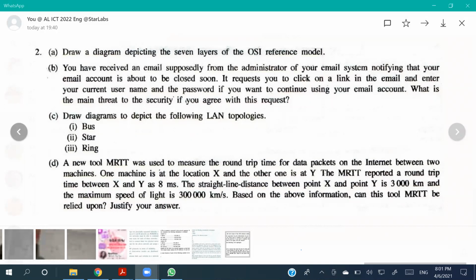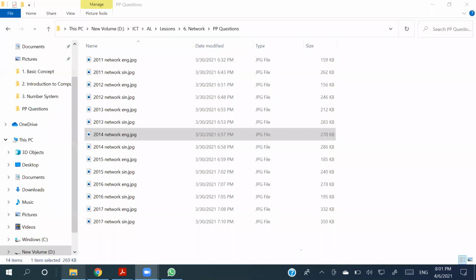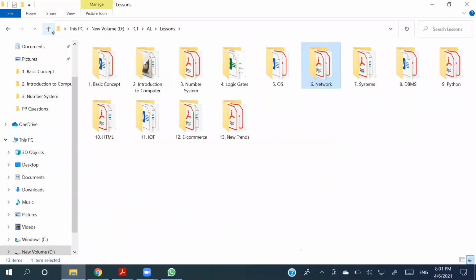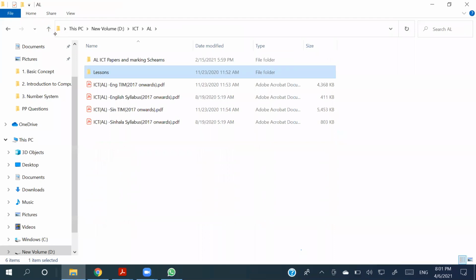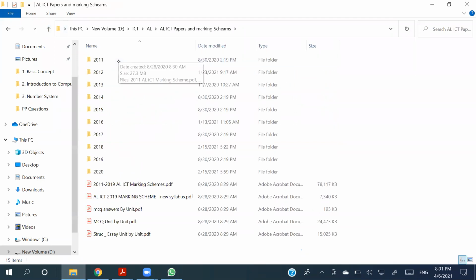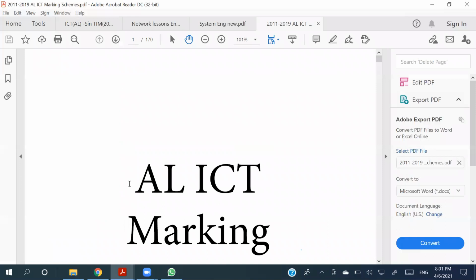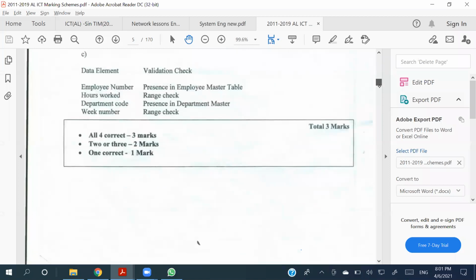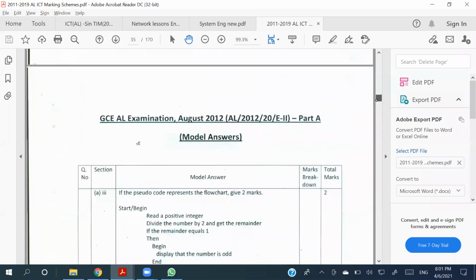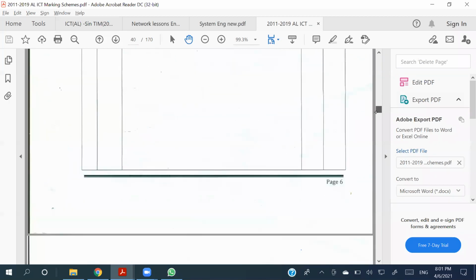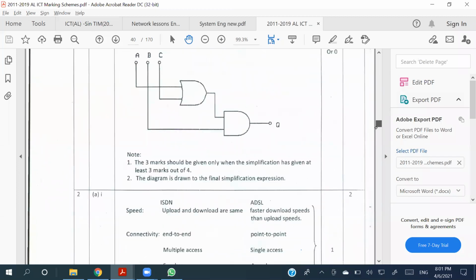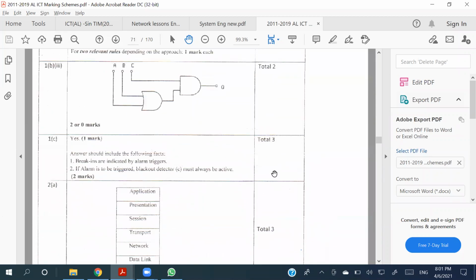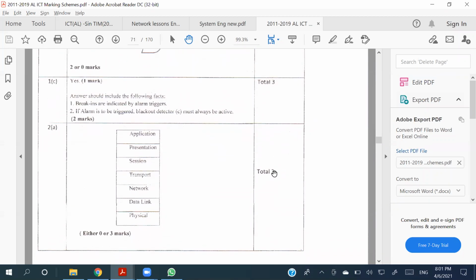Okay, so I'm going to show you the marking scheme regarding 2014. Yeah, so this is the question.